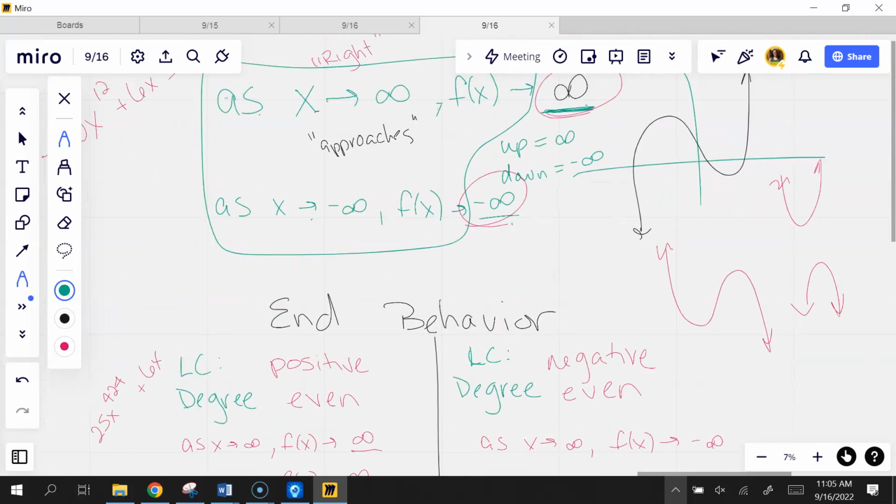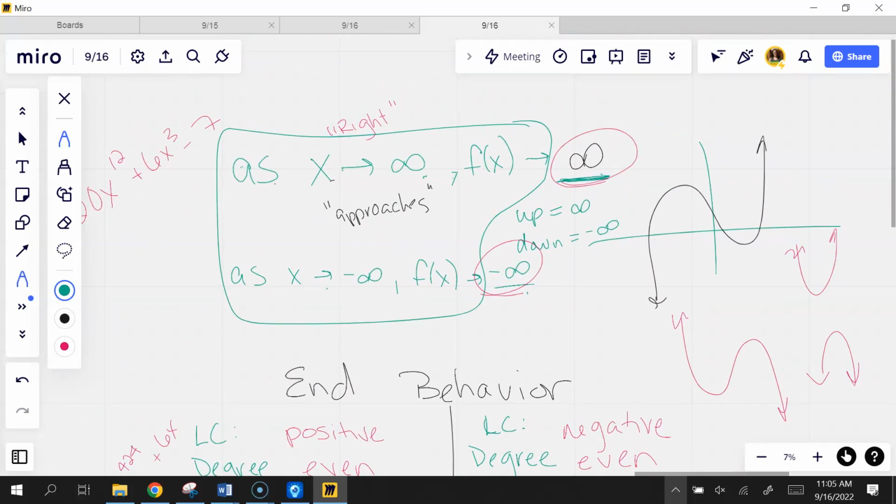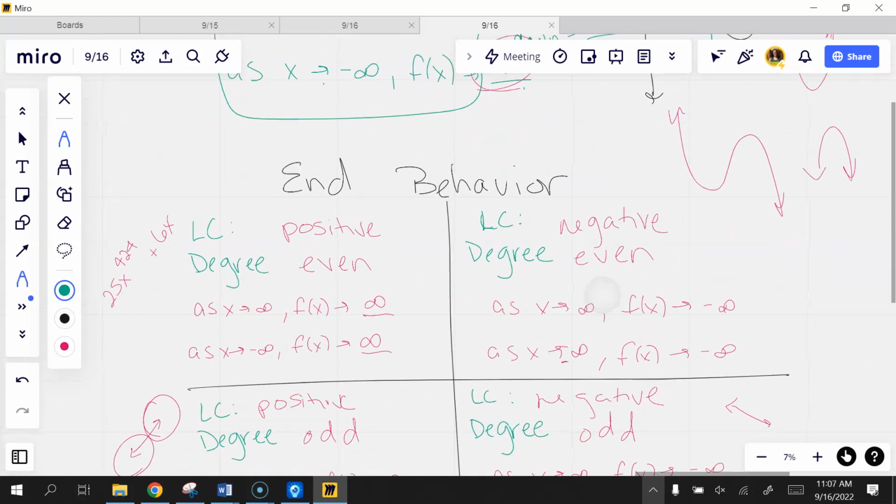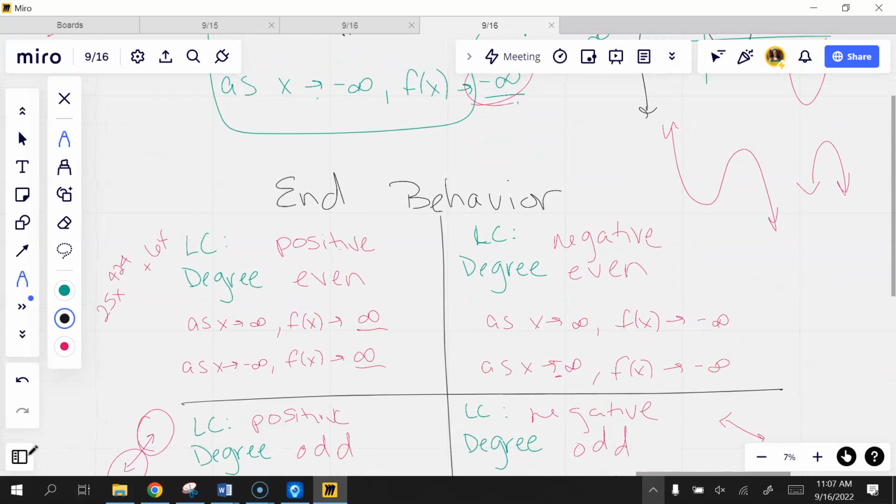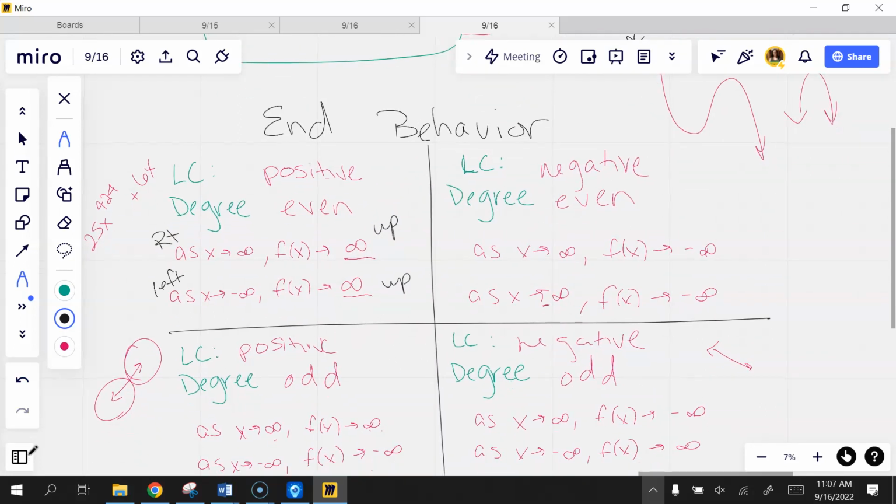All right, so look, anytime you see x approaches positive infinity, so like this is right, up, left, up. This is right, down.